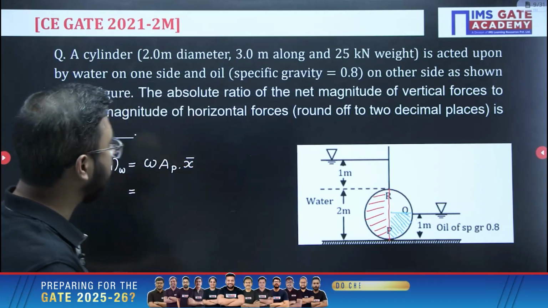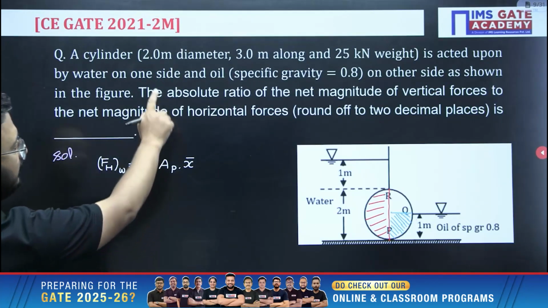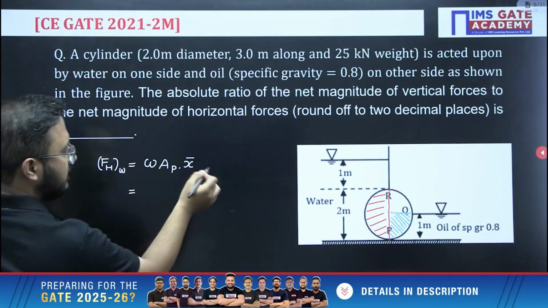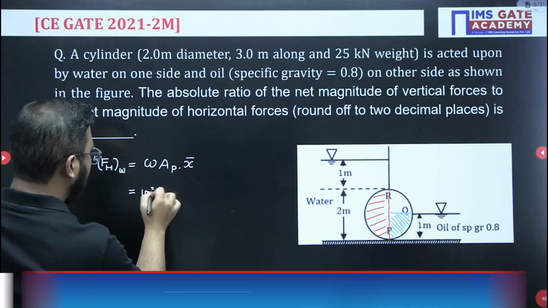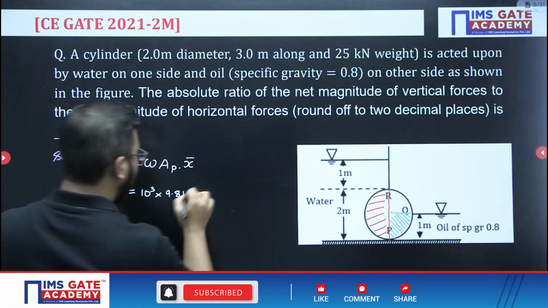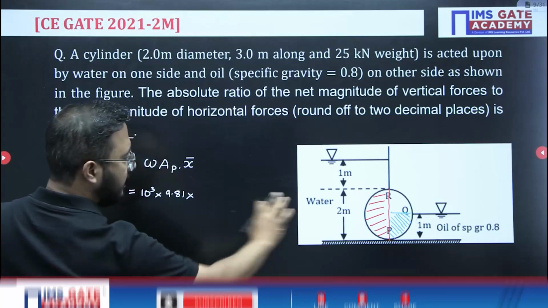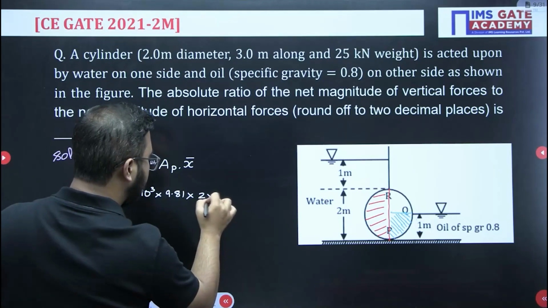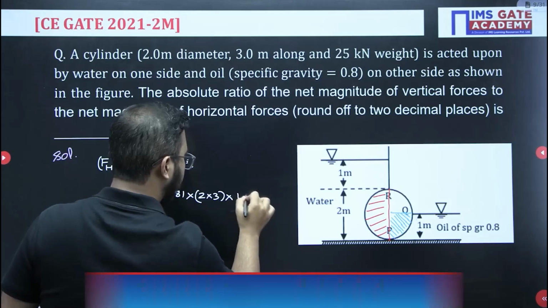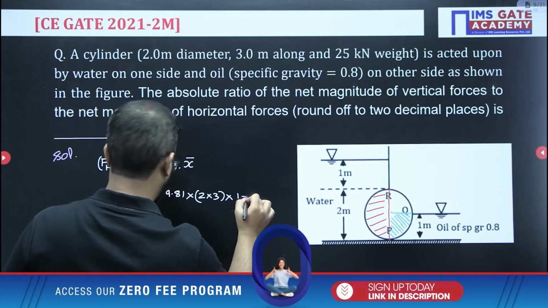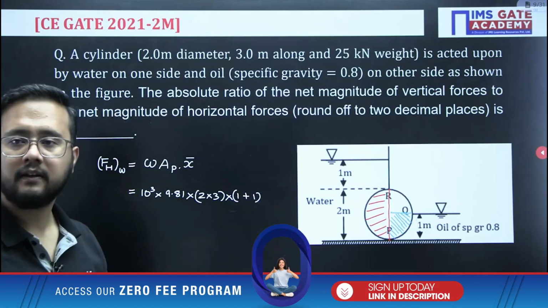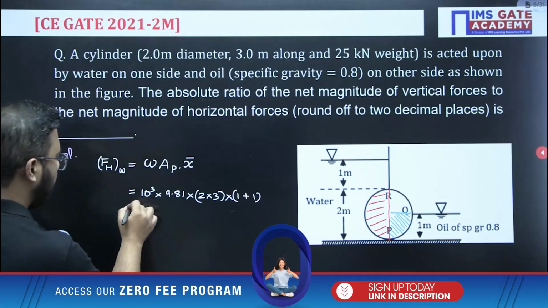And the length 3 meter they have given, diameter is 2 meter. So this is water only, so 10 to the power 3 into G value, that is 9.81. Now projected area will be 2 into 3 into x bar, 1 plus 1, that is 2, like this. Clear? So you just have to put the values here.